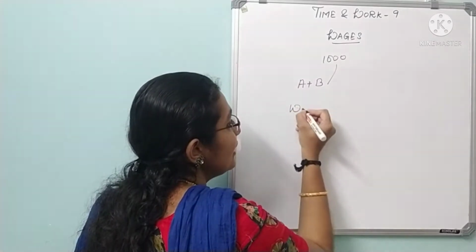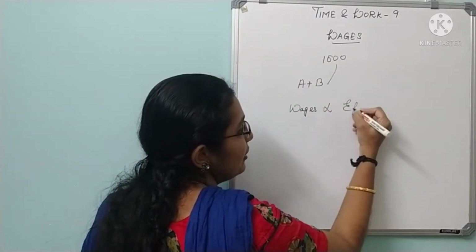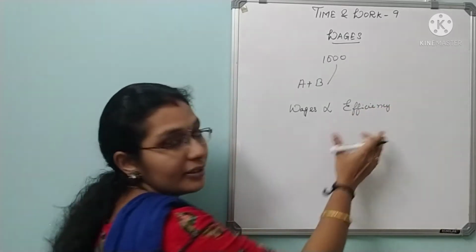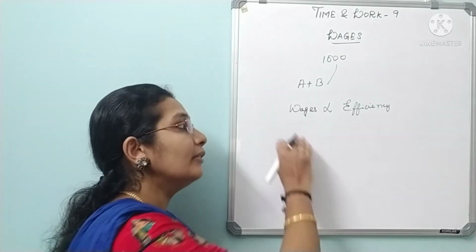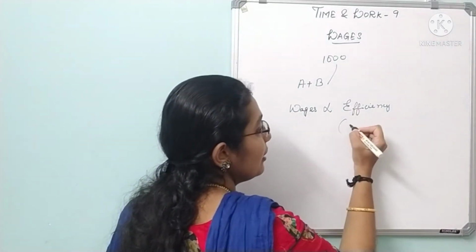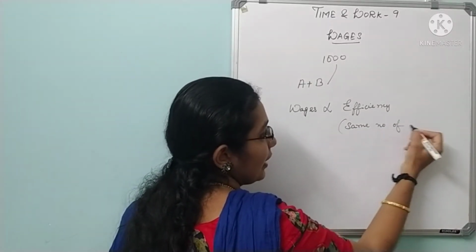So you can say wages is directly proportional to efficiency. You will use the concept of efficiency and split the wages accordingly, when they work for the same number of days. Clear?